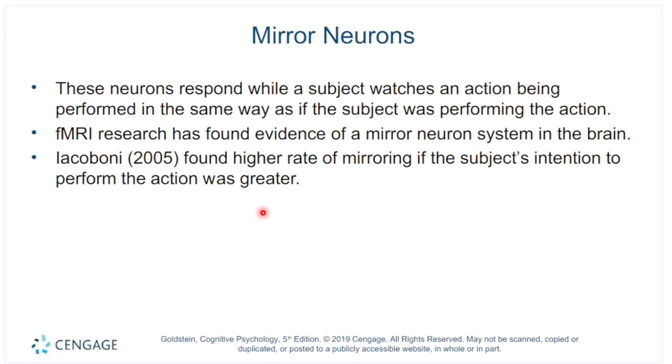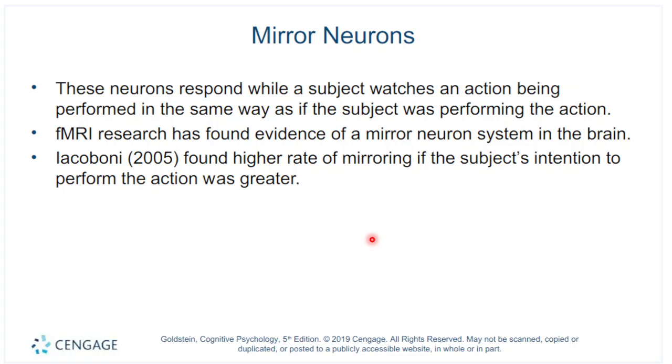Okay, so we also have the mirror neurons, which are the ones that respond while a subject watches an action being performed in the same way as if the subject was performing the action. So, like for example, when we're dancing or when we're looking at a dance, right?